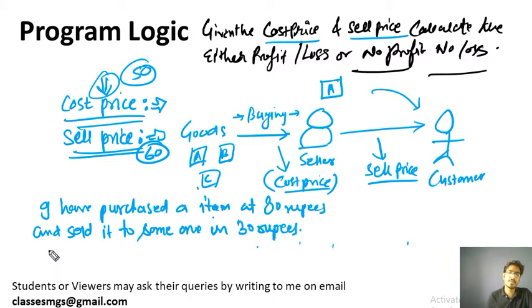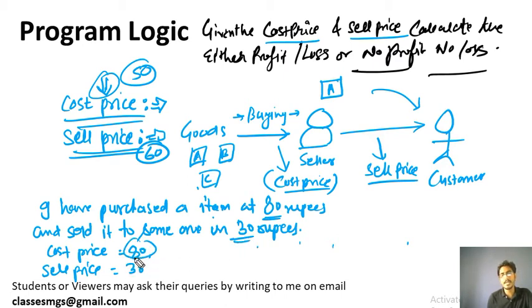Cost price is the price at which I purchased, so 80 is my cost price. Sell price is the price at which I sold the good, which is 30 rupees. I purchased at 80 and sold at 30, so I have a loss. The loss is 80 minus 30, so I have lost 50 rupees.